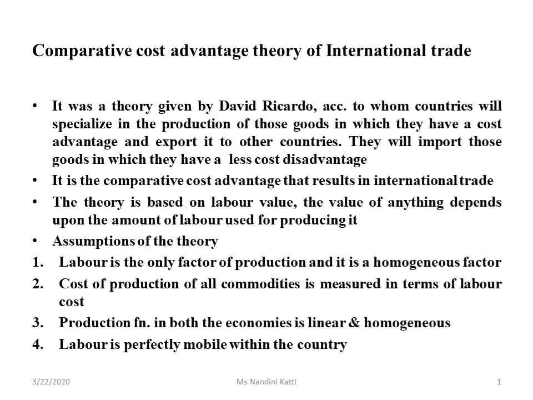Cost of production of all the commodities is measured in terms of labor cost or labor time or amount of labor used in the process of production. In both the economies, we have a production function which is linear and homogeneous. It is also believed by Ricardo that labor is perfectly mobile between the countries.